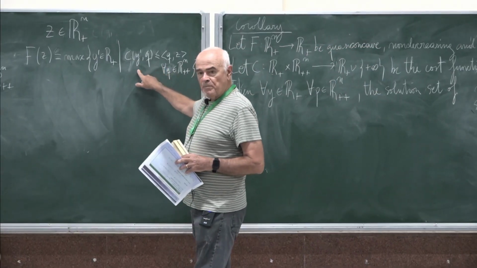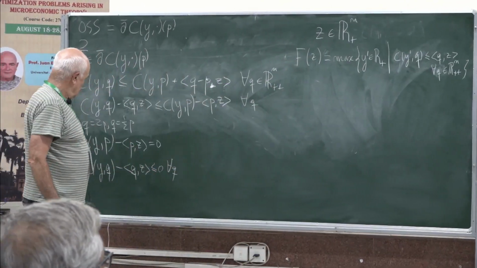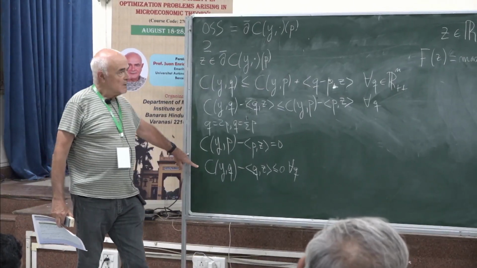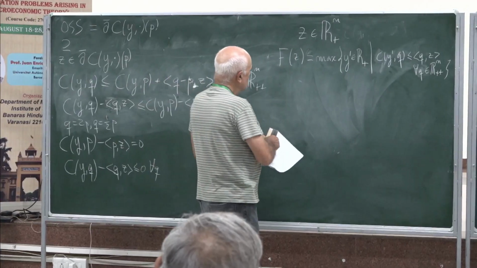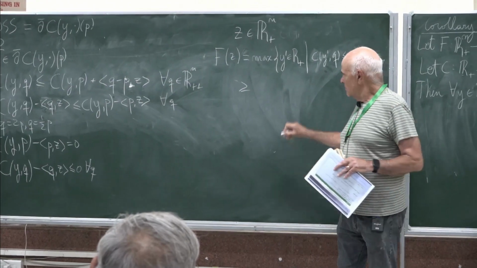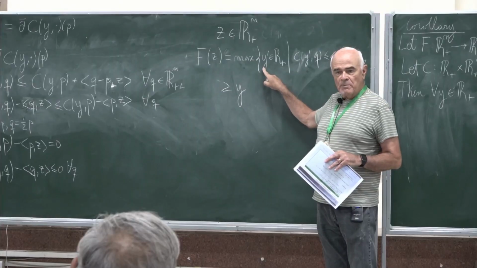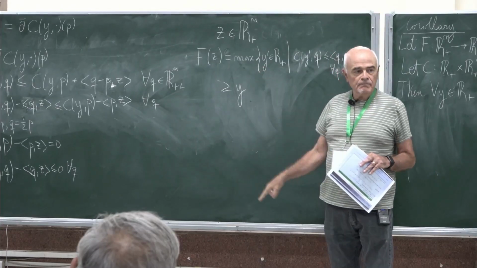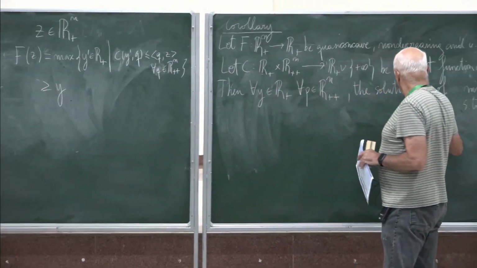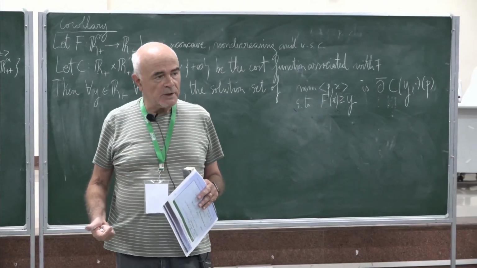But among these y primes, there is our y. So this is larger or equal to our y. I'm considering the maximum of all these y primes, and y is one of them. This means z is feasible for this problem. It's a genuine input vector and satisfies the constraint.